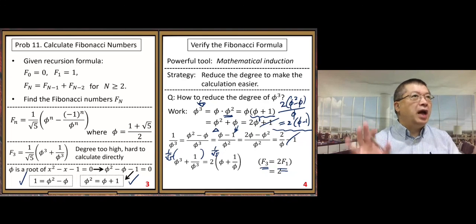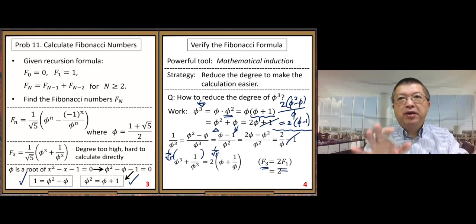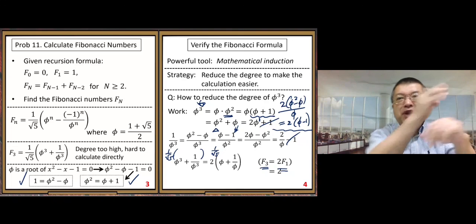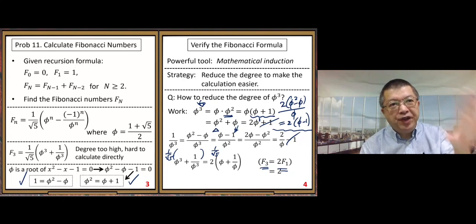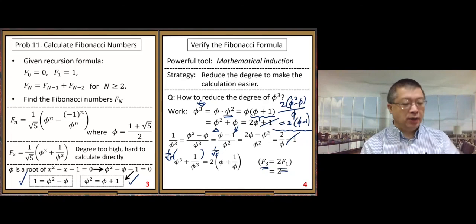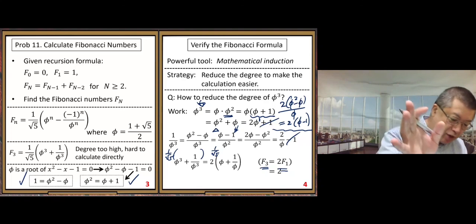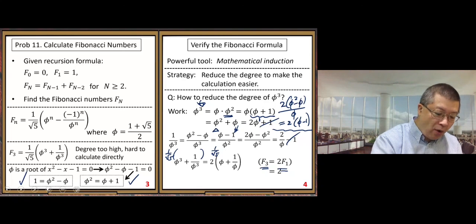Now we are ready to complete mathematical induction, the main step. But I leave that main step to our video D.2. All right, so let's stop here for our D.1.